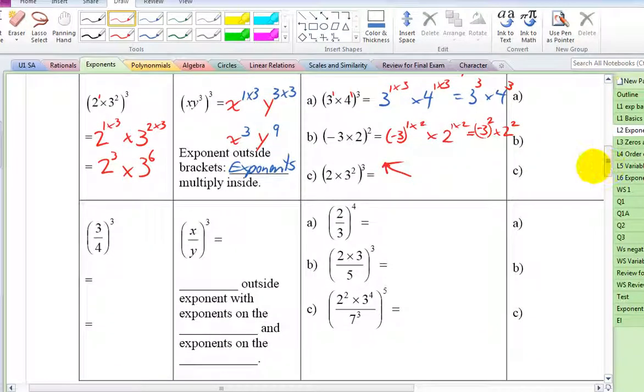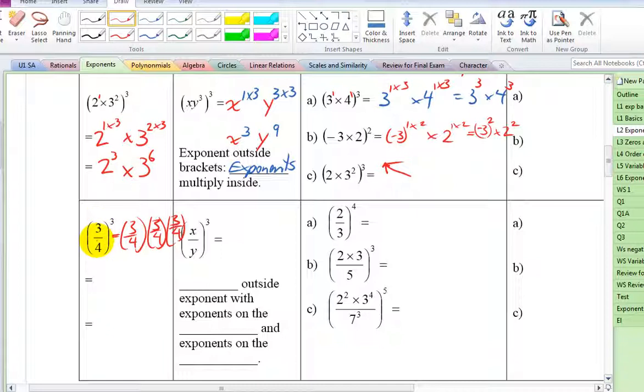All right. So now we're going to apply this rule to fractions, and this is where you guys start messing up. It's not any different than what we just finished doing. Keep in mind this equals 3 over 4 times 3 over 4 times 3 over 4. That's what that exponent of a 3 means. So, does the exponent only apply to the top of the fraction?